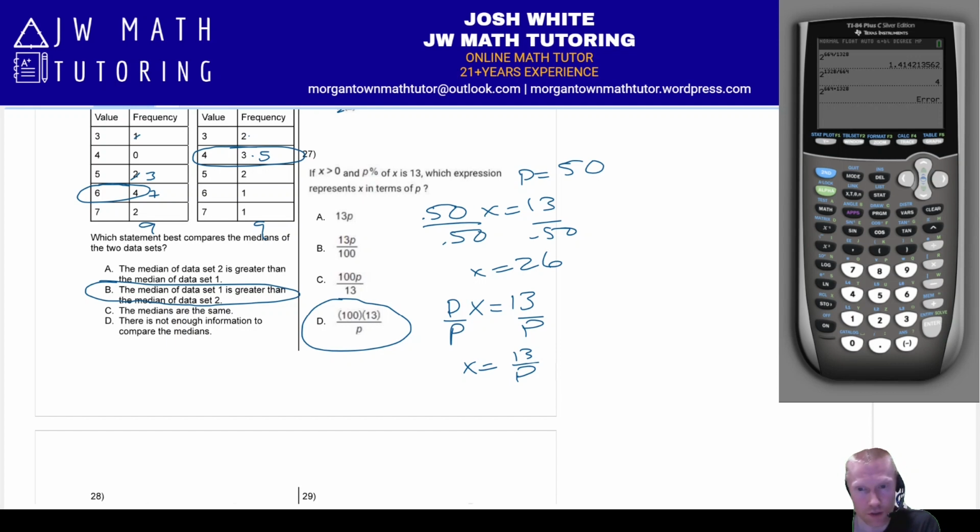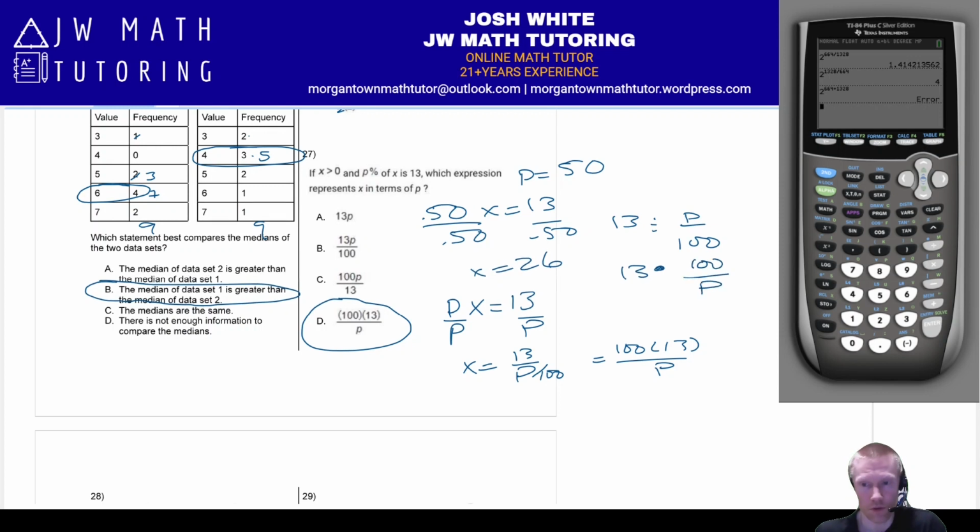So if you actually want to convert this to a decimal, you would have to divide the P by 100. And that 100 that you divide P by would technically flip to the top and become 100 times 13 over P. It's basically like you had 13 divided by P divided by 100, and then you do the flip, and it becomes 13 times 100 over P. So that's how you get it, kind of the theoretical way, but picking numbers is so much faster and easier to do this one.